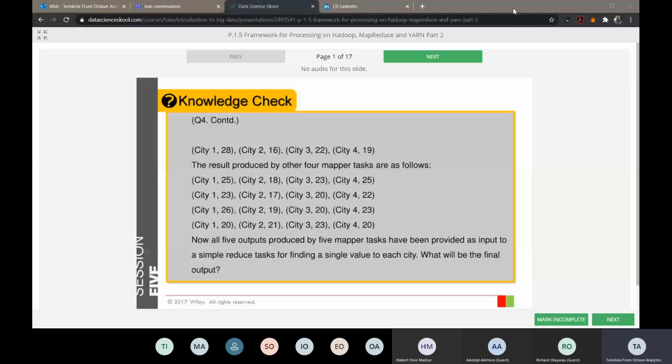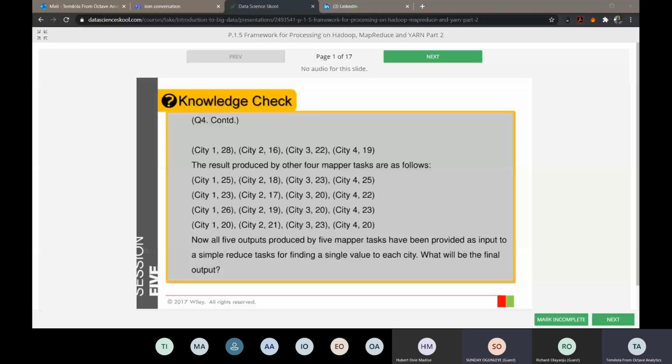Sunday Ogunleye, are you with us? Hello. Yes, so I want you to give me the final result that will be produced by the reduce task for city 1 and 2. I can't get your question, sorry.